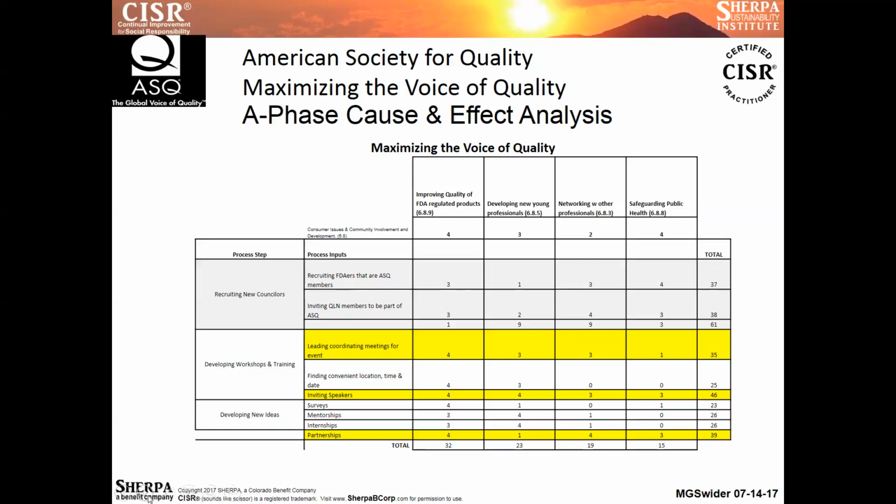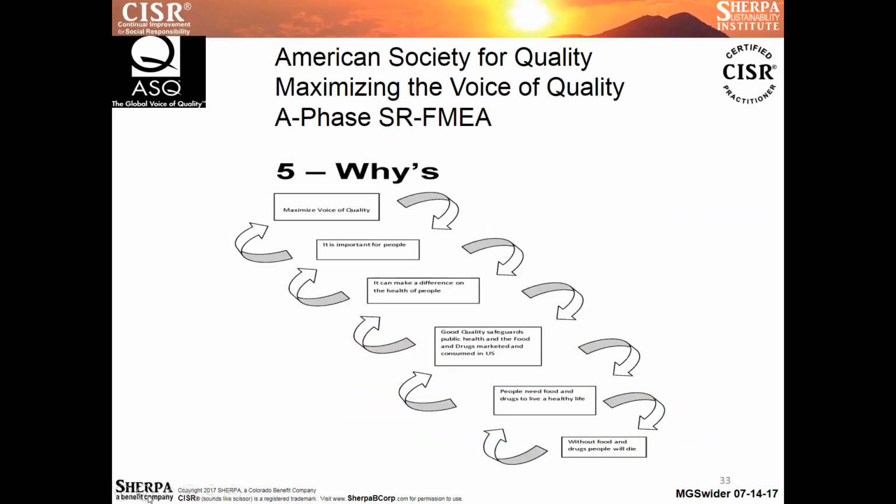Another tool that we used was the 5 whys, and I like this a lot because it reminds me of children asking you questions. It's a way to analyze your situation. For example, the group wants to maximize the voice of quality. Why? Because it's important for people. Why? It can make a difference on the health of people. Why?